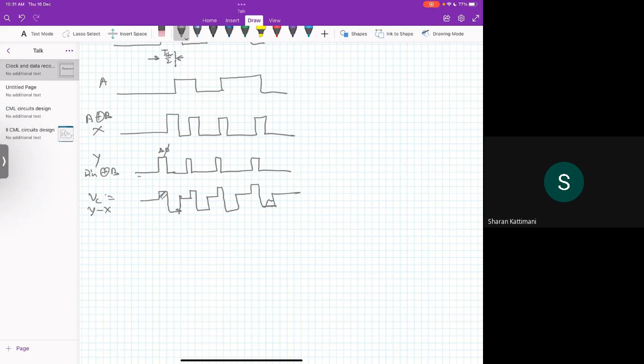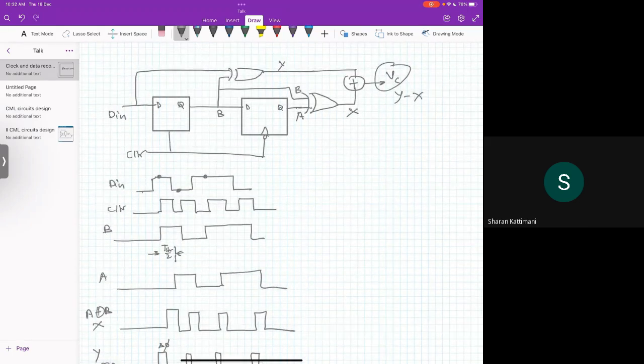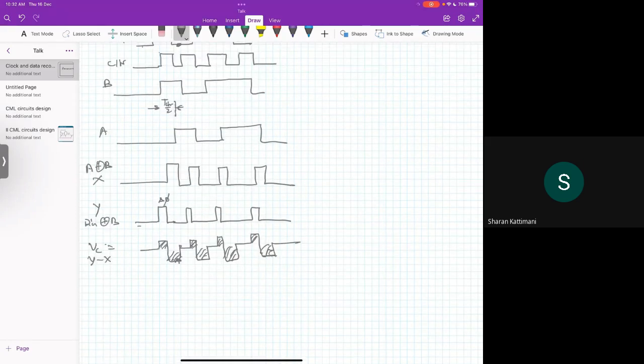Okay, so here you can see there is area for rise and fall. So this is what we will get when the data and clocks are not aligned together. Here you can see that data is not aligned at the mid, so that is why you can see the mismatch in the upside and downside area.